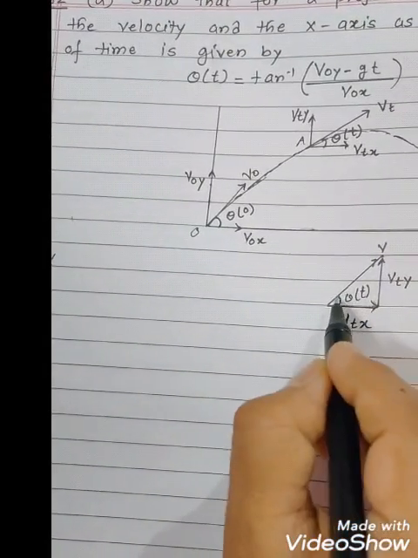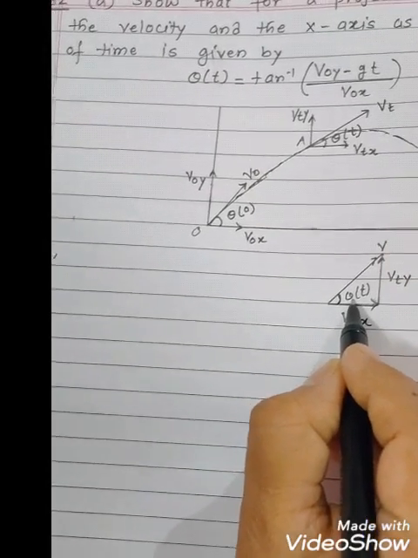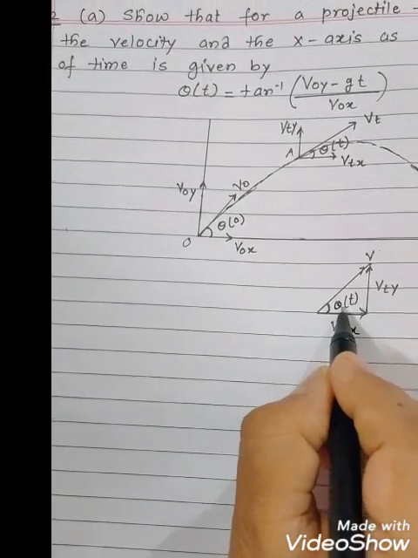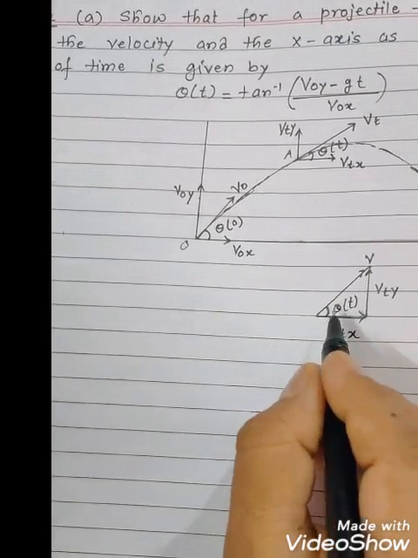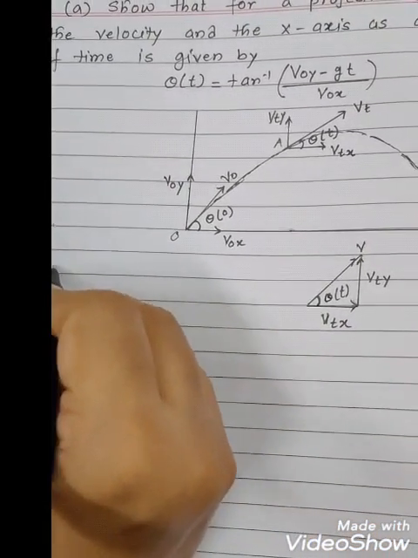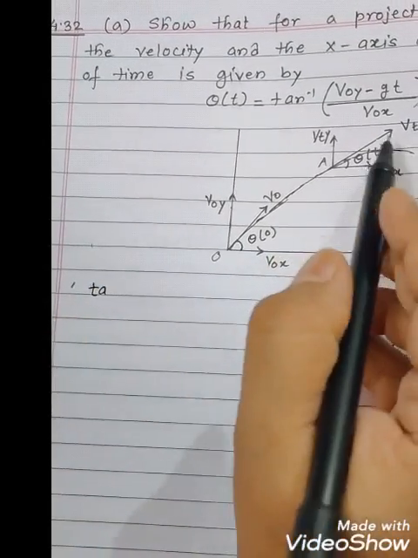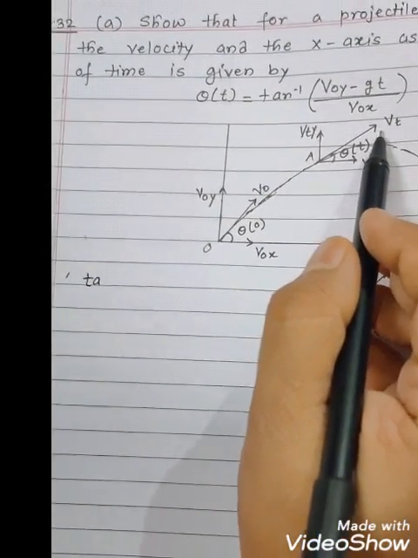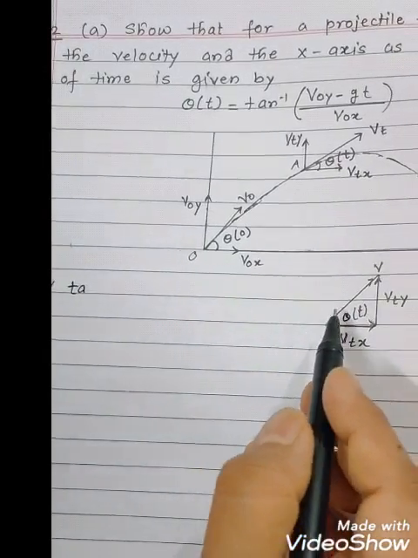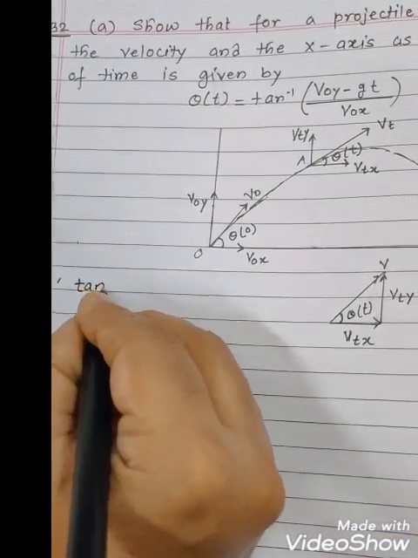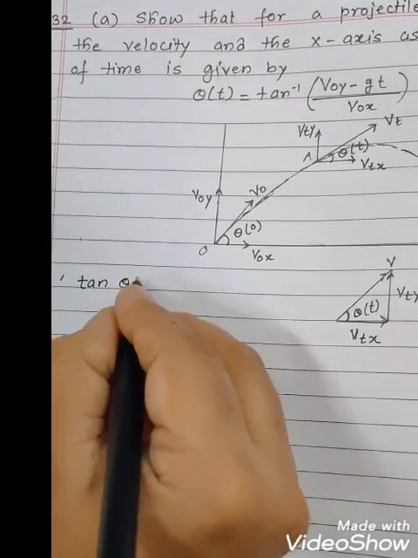Okay, and here when we are taking this tan theta, you can see that it is theta t. So tan theta means the direction in which the resultant velocity will work, but it is a function of t, so I am just writing tan theta t.